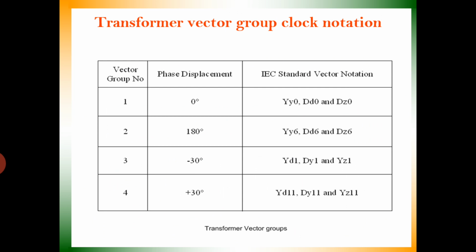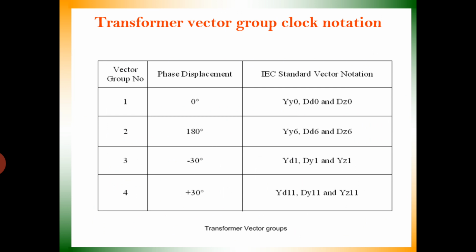What is the meaning of YY0? It is understood firstly: the first letter is capital Y, the second letter is small y, and the third is the numerical value. It was already discussed in the previous slide. The first capital letter Y is used for the high voltage winding, and the second small letter y is used for the low voltage winding. And the third is the numerical value 0, meaning there is no phase displacement between LV and HV winding.